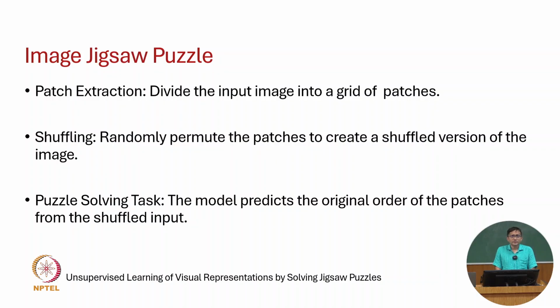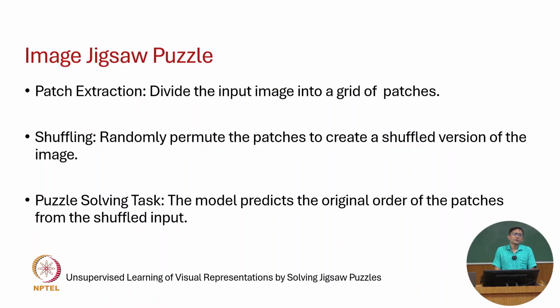The next pretext task we would briefly like to discuss is image jigsaw puzzle. How does image jigsaw puzzle work? It works by, again, dividing the input image into a grid of patches and then shuffling these patches to create a new version of the image.